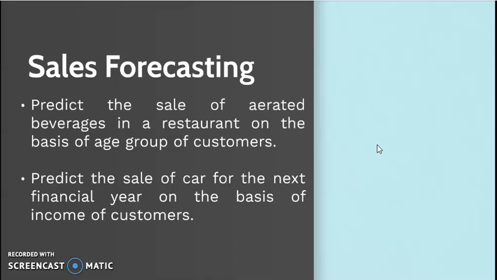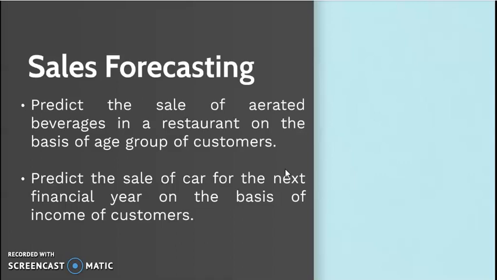We have picked up two use cases for y'all. One is predicting the sales of aerated beverages in a restaurant on the basis of age group of customers. Say a restaurant owner wishes to predict the sale of aerated beverages during summers so that he purchases the stock accordingly, depending on the age group of customers that are going to visit his restaurant from the past history.